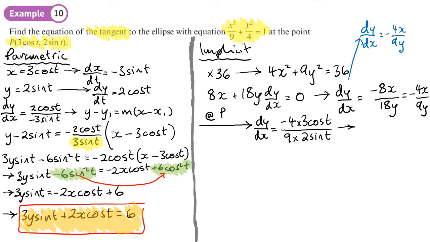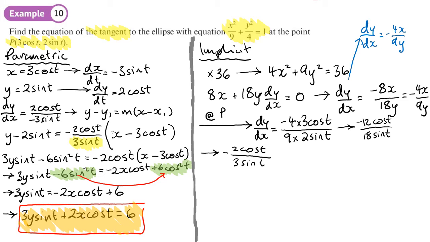So that will give me something like negative 12 cos t over 18 sine t, which simplifies to minus, divided by 6, got a bit confused there, divided by 6, so minus 2 cos t over 3 sine t.